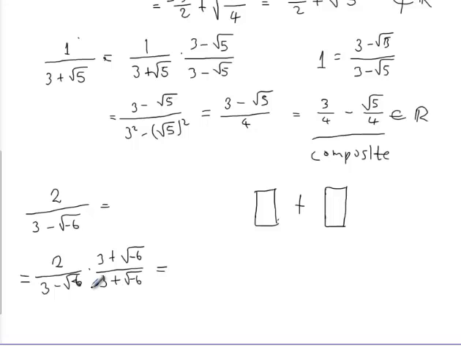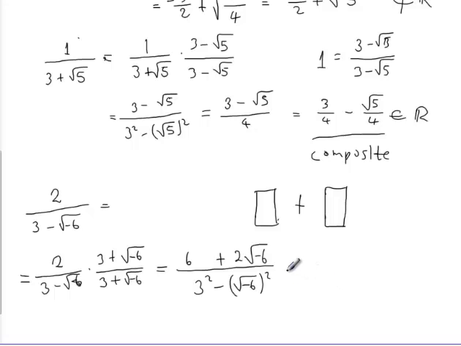But let's expand this as the difference of two squares. What do we have? We've got 3 squared minus square root of minus 6 all squared. And in the numerator we've got 6 plus 2 square root of minus 6.